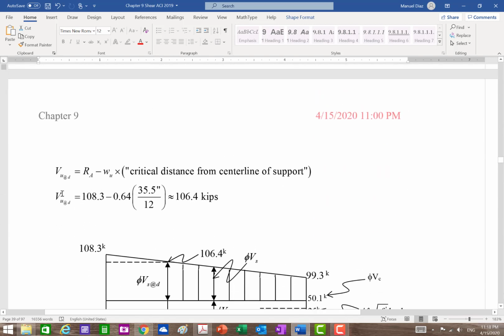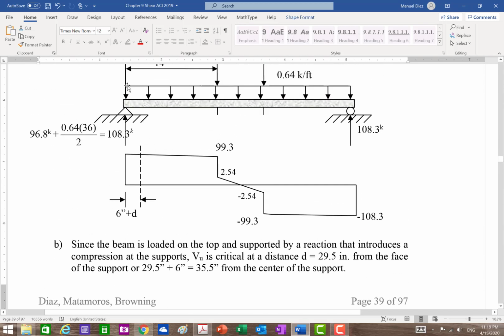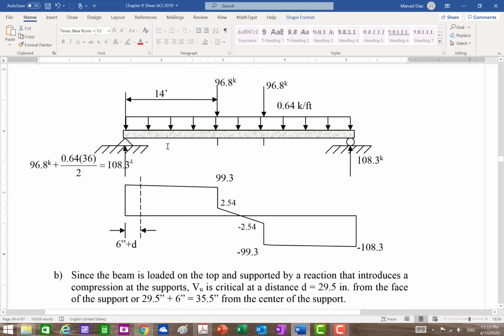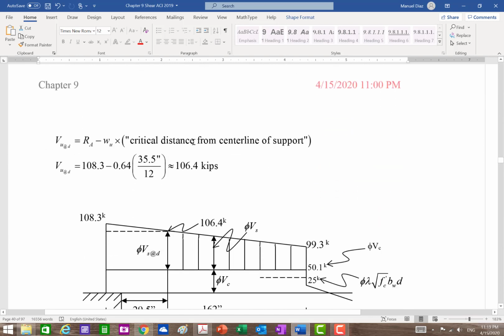And so how do we do that? We use the formula, right? So reaction at the center line minus the load, and in this case it's a uniform load, that goes for the critical distance from the center line, so that's your 35.5 inches. We need to change it to feet, and so our shear then has changed from 108 to 106.